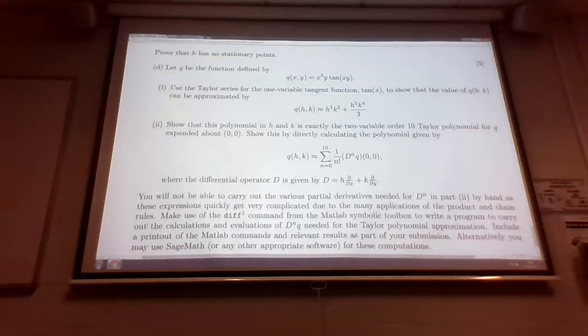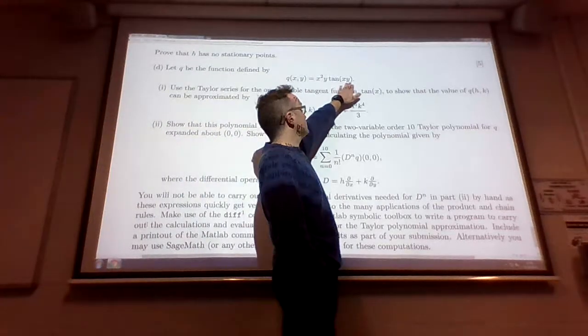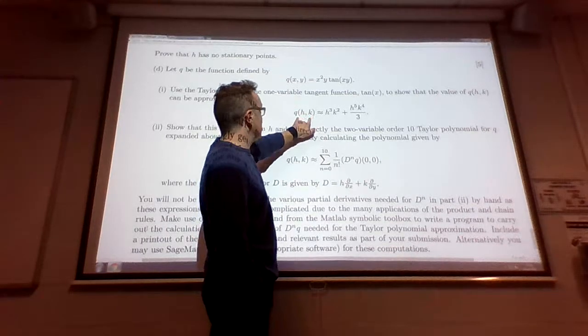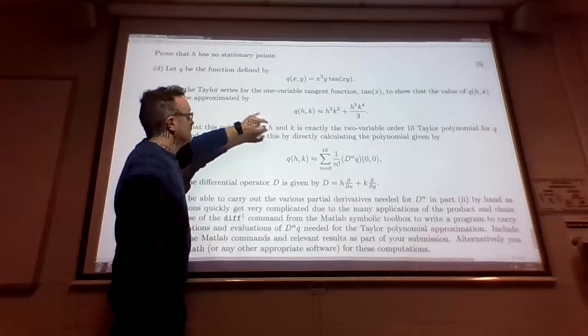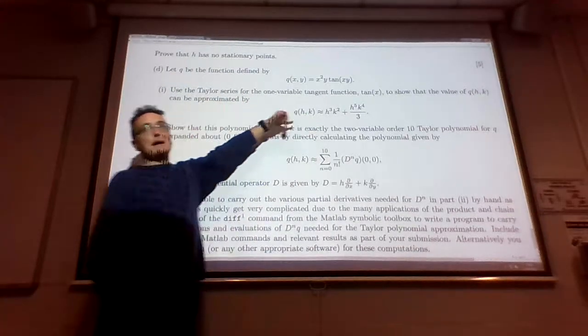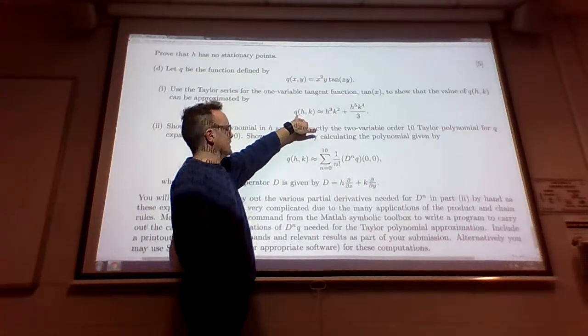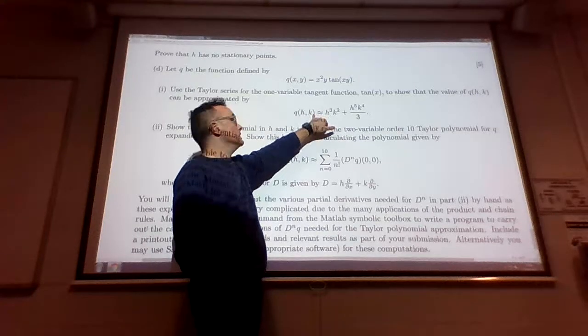I don't really care how you obtain it, but use that known Taylor series to do a quick calculation and prove that q, when you evaluate q at h and k, so we're talking about doing the Taylor expansion about the origin here. Normally, as we saw earlier today, we have the base point plus h and the base point plus k.